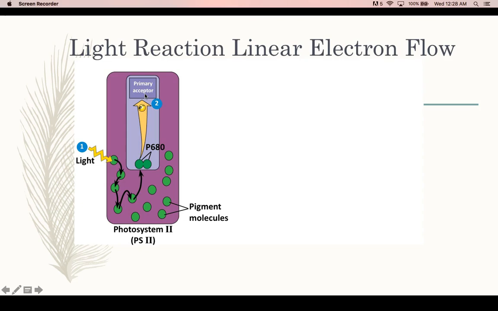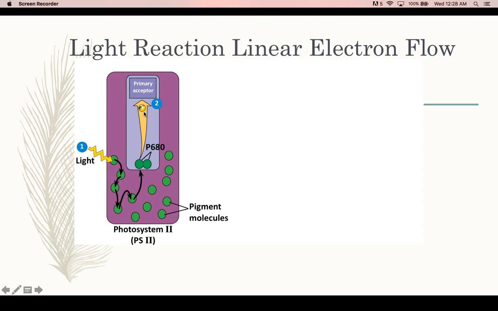So step 1, the pigment molecules accept the photons. Step 2, the energy is passed to P680, the electron gets excited, and it jumps up to a primary electron acceptor. Now what happens when something loses an electron? It becomes oxidized, right?